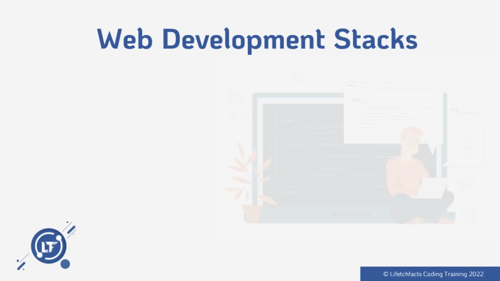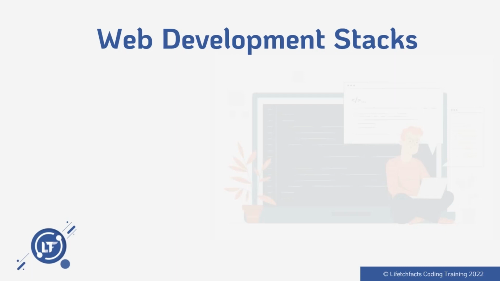There are no wrong web development stacks, though I can tell you definitely that there are some that are more popular and more used than others. But every one of them should and can basically do the same thing when it comes to front end and back end.